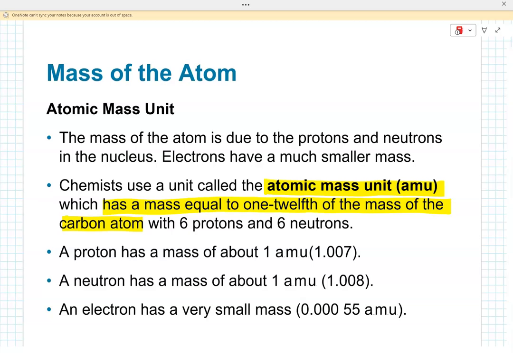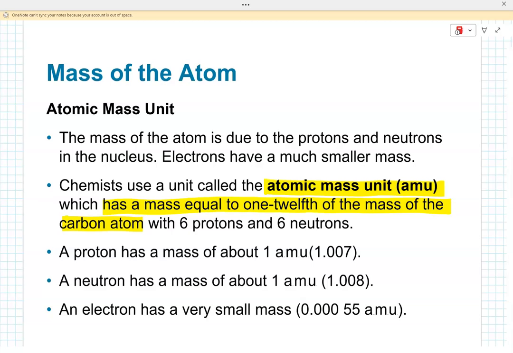If you would look at the periodic table and look at the carbon number 6, you see the red number under the letter C. Throw away all the numbers after the decimal point, and you're going to get 12, right? So you divide it by 12. 12 divided by 12 is 1, so this is 1 atomic unit.